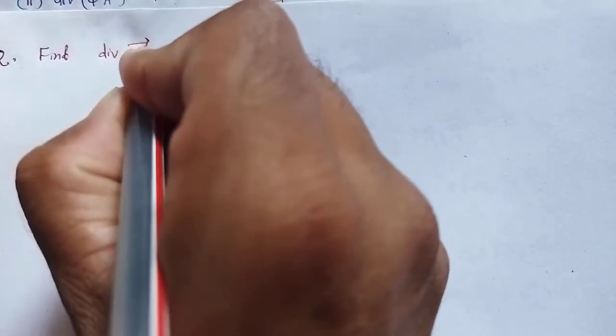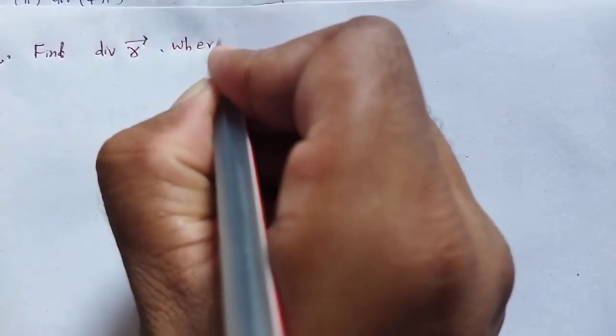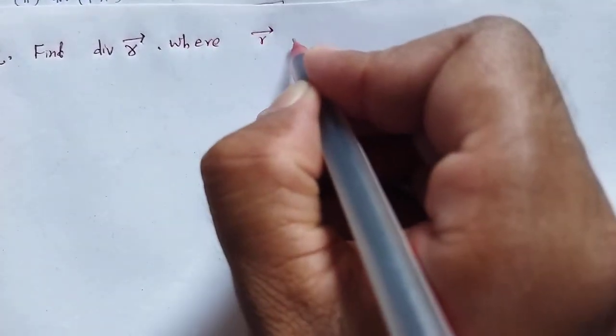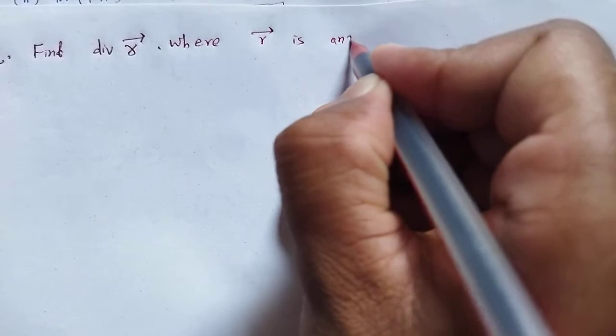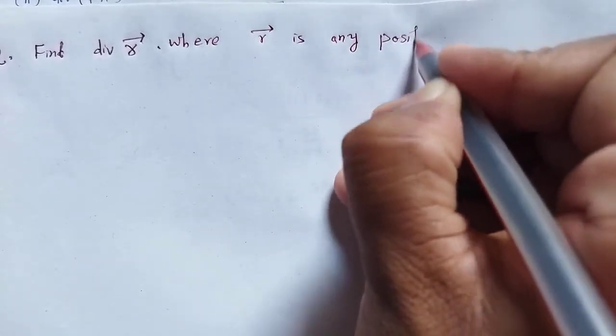The question is, find the divergence of R vector, where R vector is any position vector.